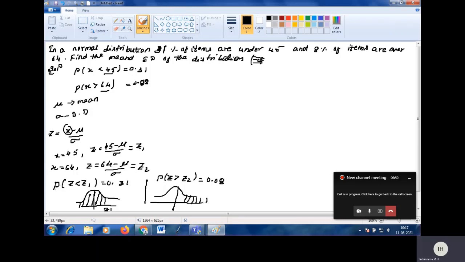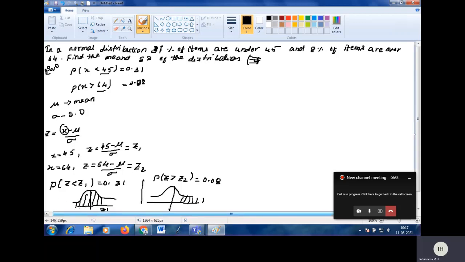Now we can write P of Z less than Z1 as 0.5 plus the probability between 0 to Z1, which is equal to 0.31.